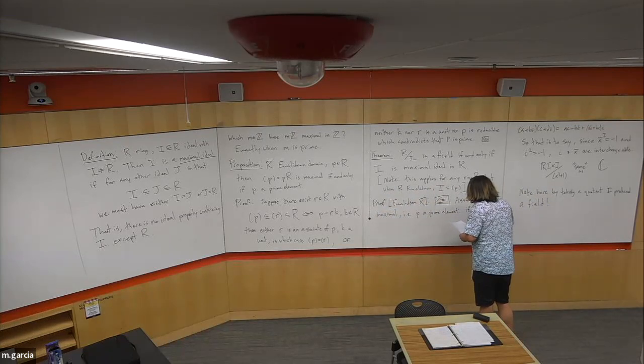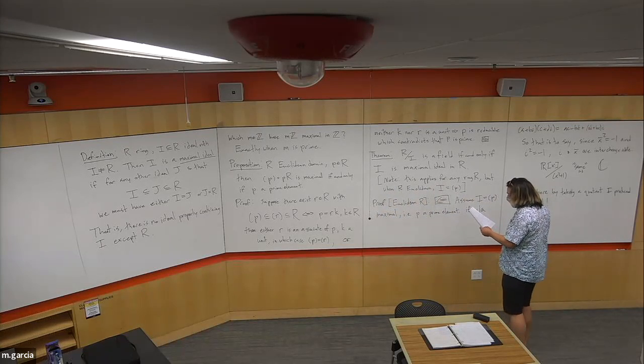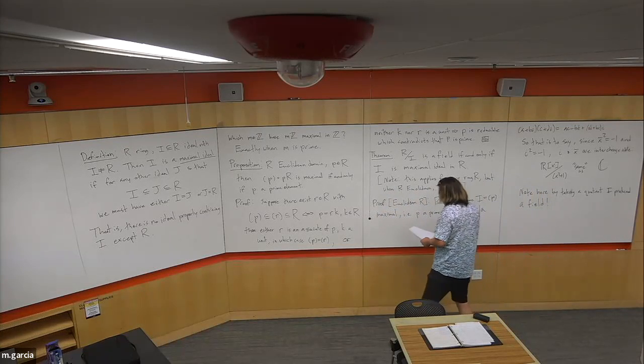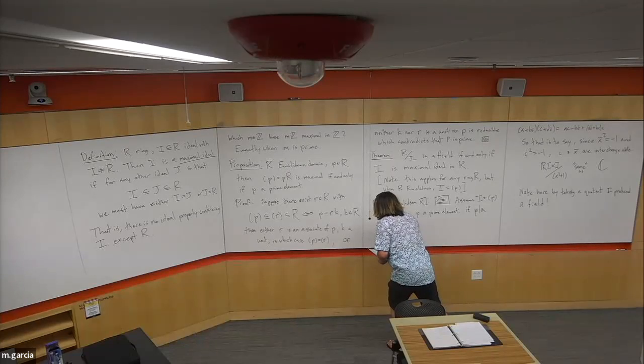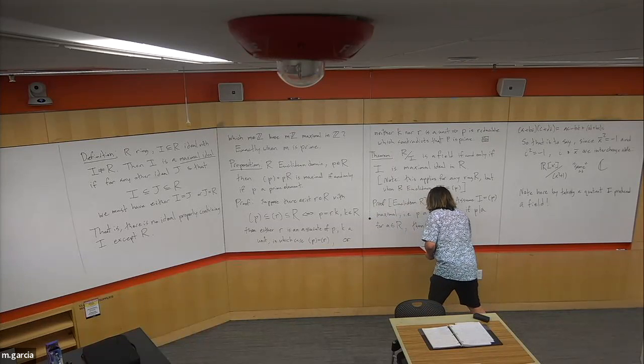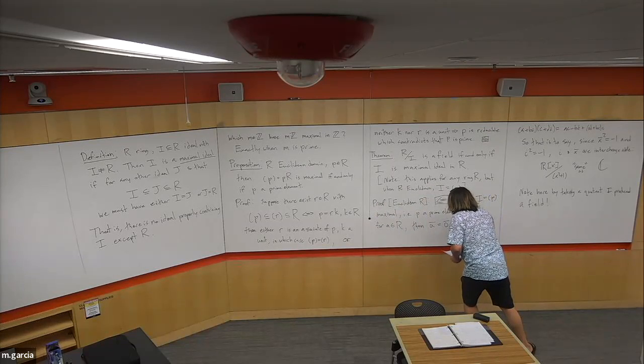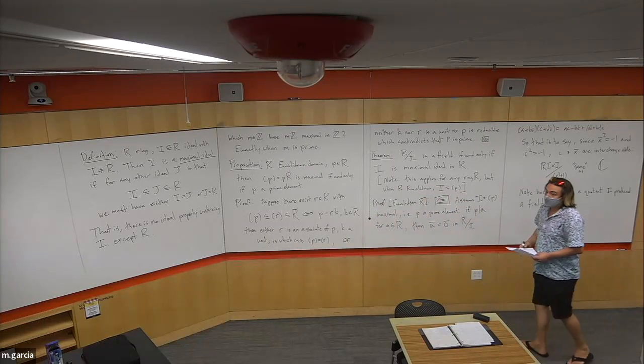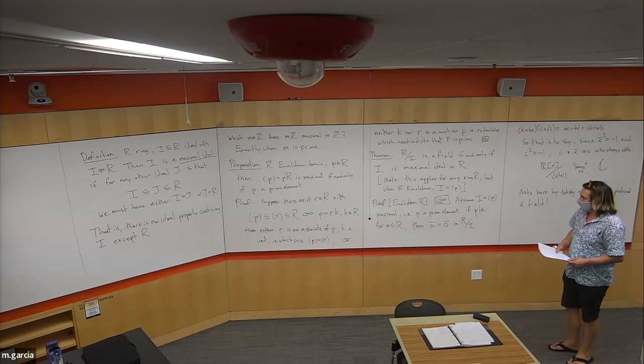If P divides A for some A in R, then the residue class of A is the residue class of 0 in R mod I. Right?